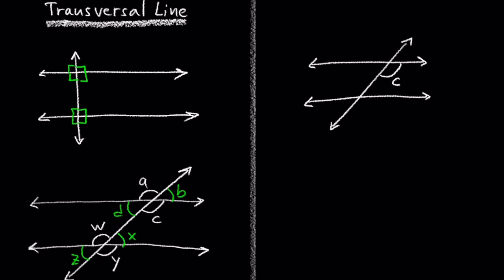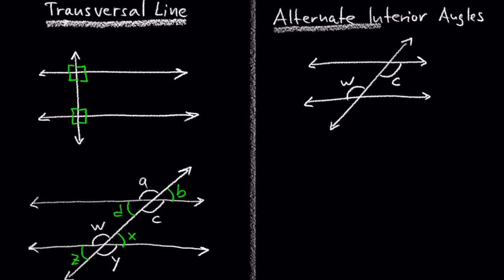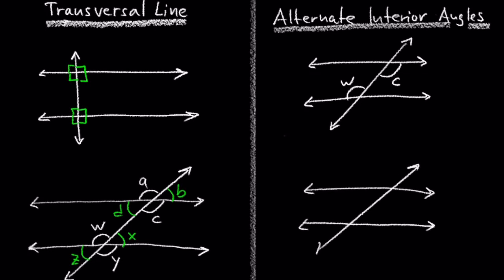Angle C and angle W are called alternate interior angles. And angle A and angle Y are called alternate exterior angles.